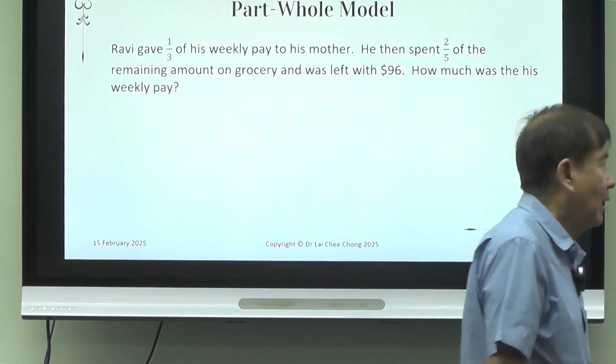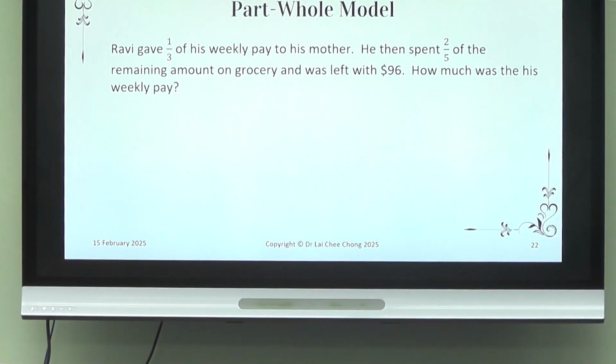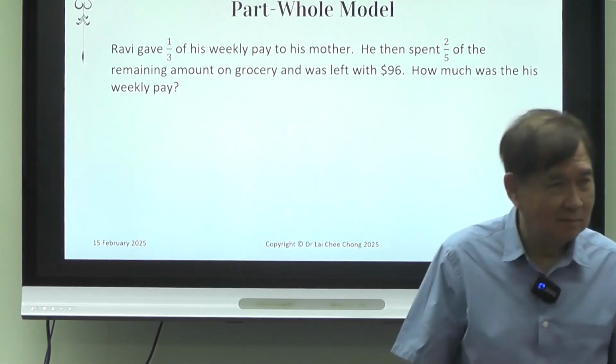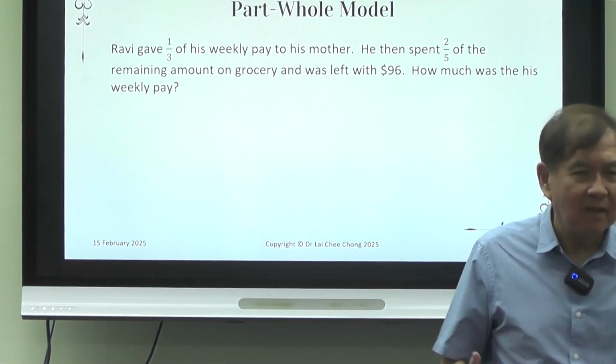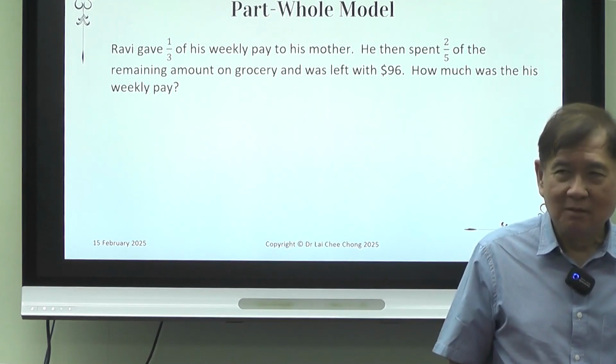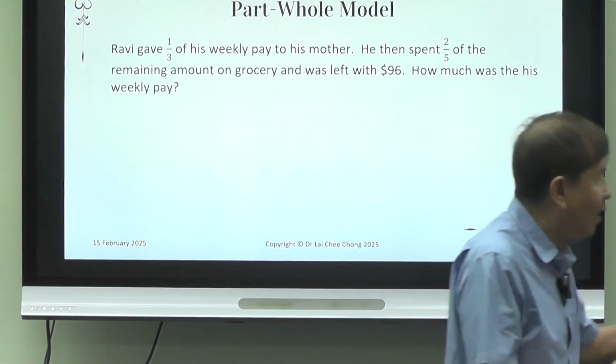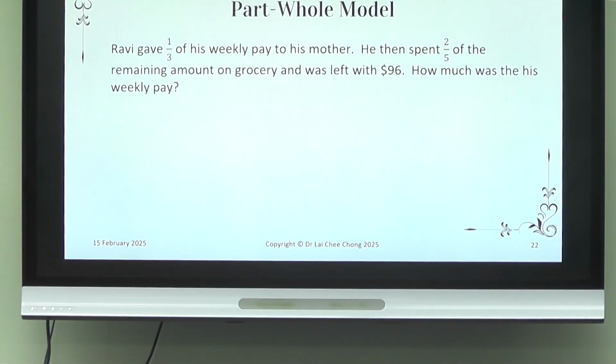What if I tell you, I have half of an apple, I add to 1/3 of an orange. I got 5/6, what? Apple, orange? Cannot. It's the same thing, am I right? So there are times the wholes are the same, but there are times when the wholes are not the same.